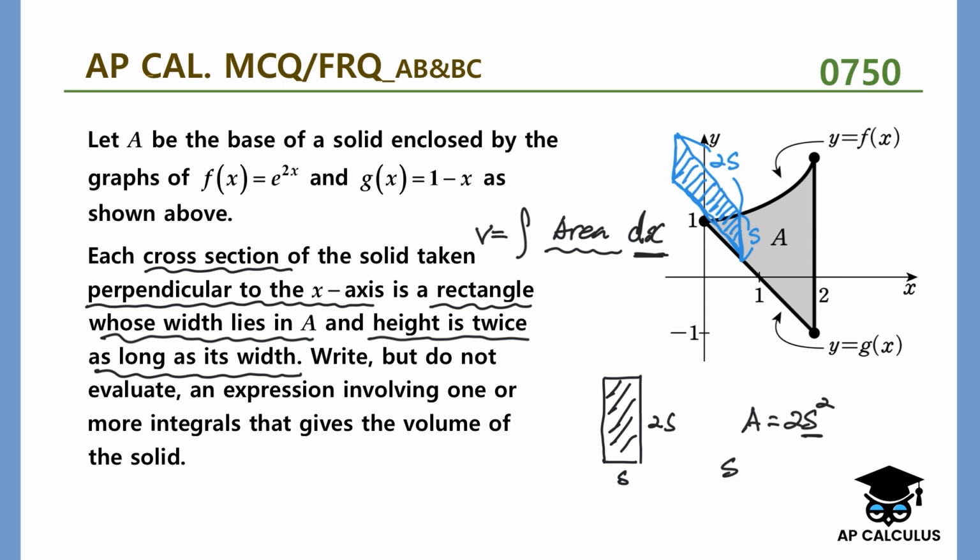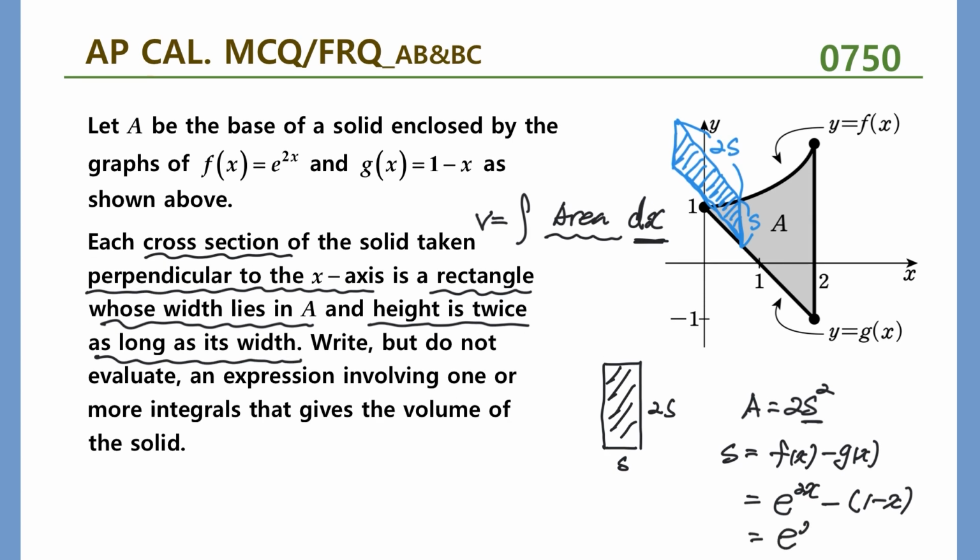And s is just the upper curve minus lower curve, so f of x minus g of x. In terms of x, that's e to the 2x minus (1 minus x). So that is e to the 2x plus x minus 1. We're almost done.